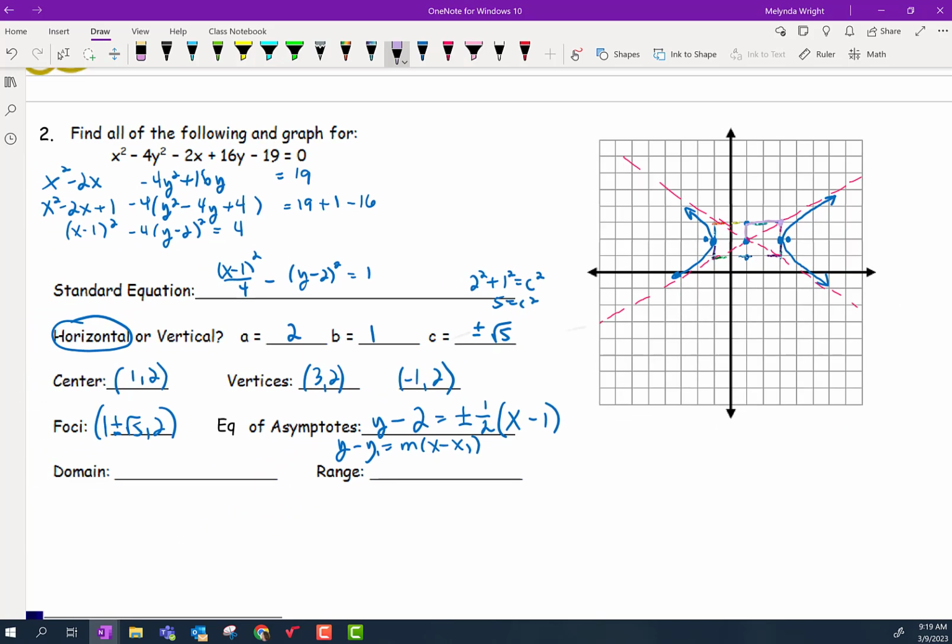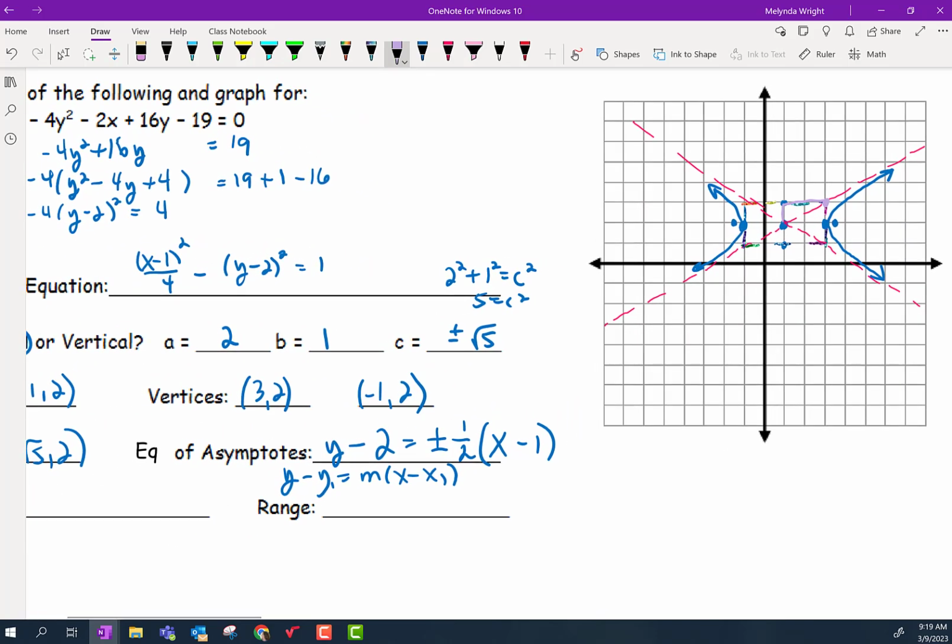Our last task is to write domain and range. Now, I just want to make it clear, the stuff in between here is not part of the hyperbola. It's completely empty.